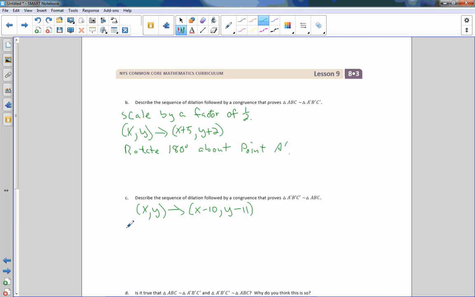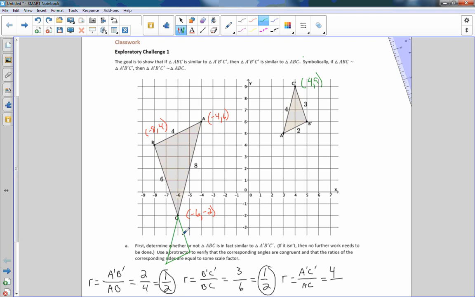So now I'm going to rotate 180 degrees. Rotate triangle A prime, B prime, C prime 180 degrees about point C. Remember this program will not allow me to rotate about a point, but if I just rotate it from the center and then move that up so C is on C, that's what a rotation of 180 degrees about C would be.